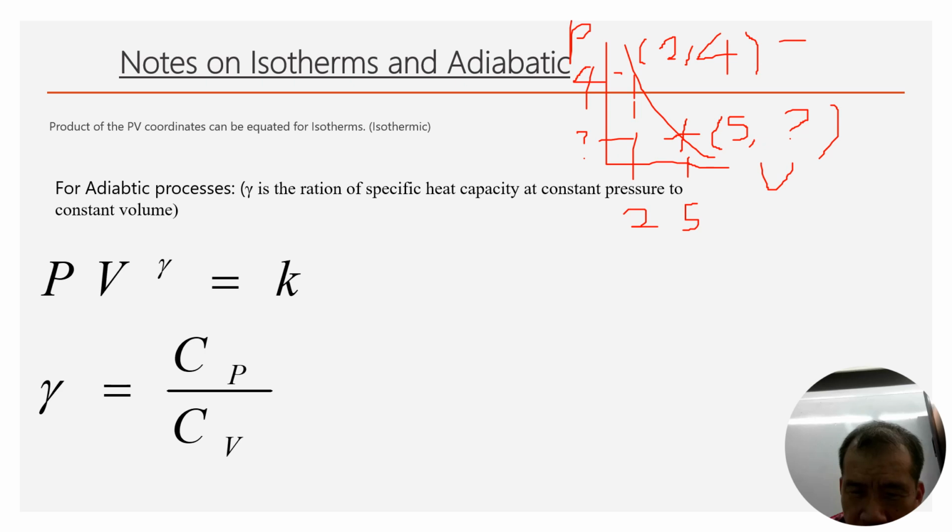So the product is 8. This product must also be the same as the second set of coordinates. So 5 times this question mark must equal 8 as well, because P1 V1 for the first condition is 8 and P2 V2 is 8 as well.